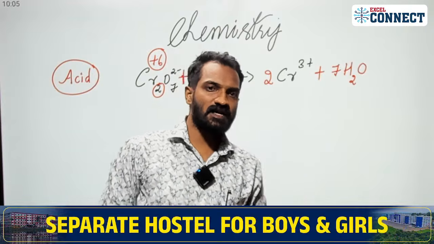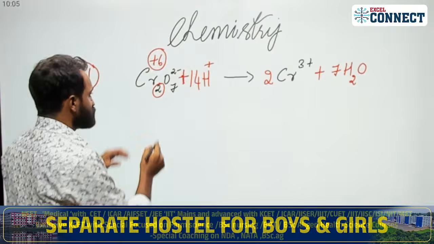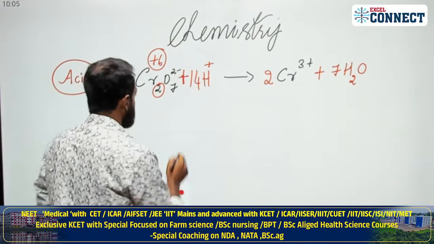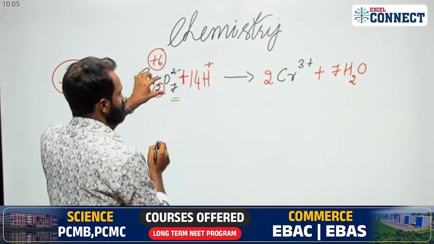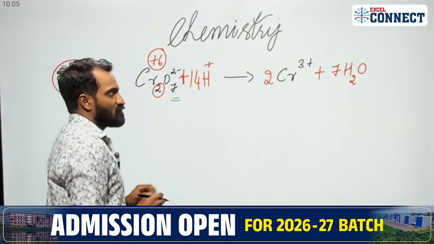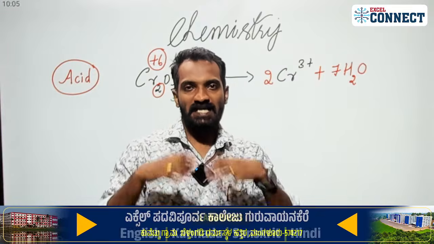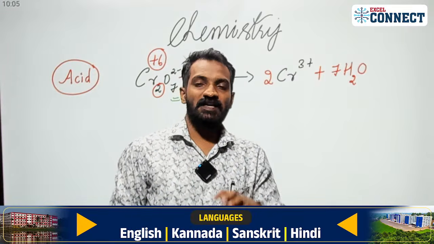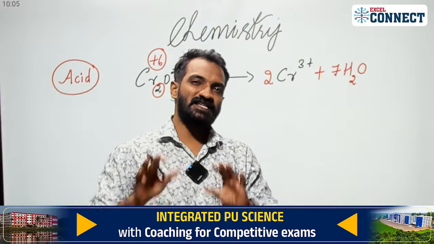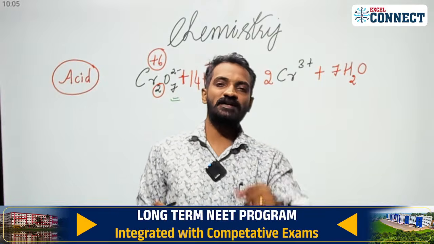Because here 7 oxygen is there, no? Whenever we balance in acidic media, we cannot add oxygen alone. That is the rule that you learn in redox reactions.